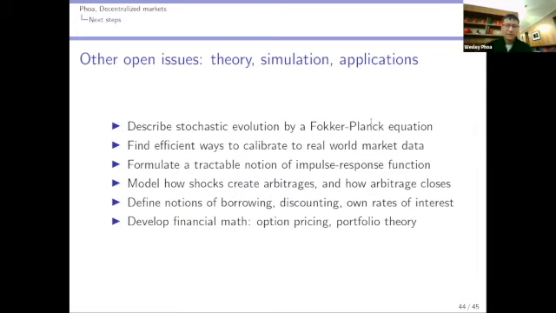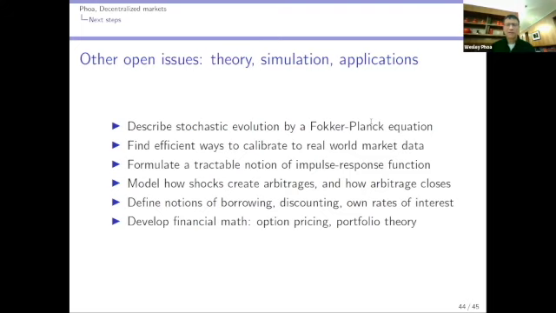A useful thing to do would be to look at responses to shocks, like when I mentioned before, you can talk about supply shocks or demand shocks, or maybe other kinds of shocks. So it'd be good to formulate some notion of impulse response function to formalize how other parts of the state of the graph, the category, change when you shift one part, like impose a supply shock on one particular asset.